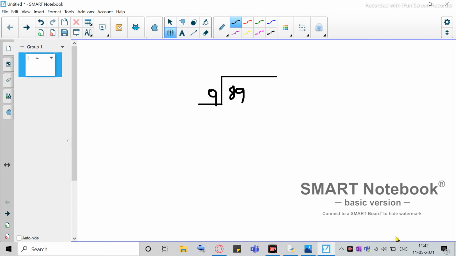So if I want a decimal answer, then I'll first write 9. Nine nines are 81, so we'll get a value here as 9. Sorry, not 9, we get 8 over here.